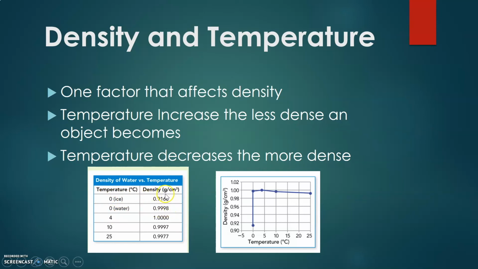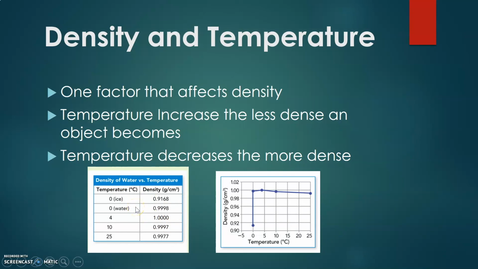So right here, we have density. This is 0 degrees Celsius. But the density is different. You can see that on the chart with the line graph that goes straight down. So what would make that happen?